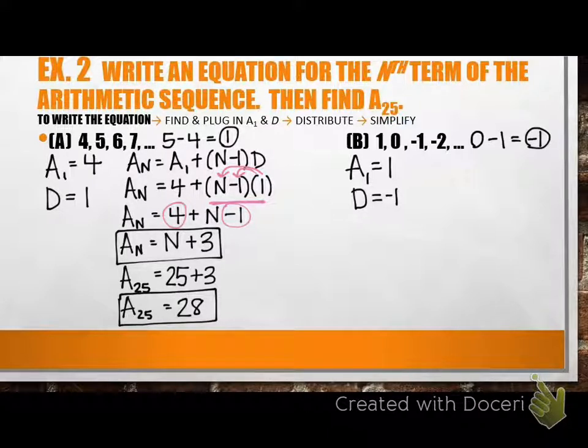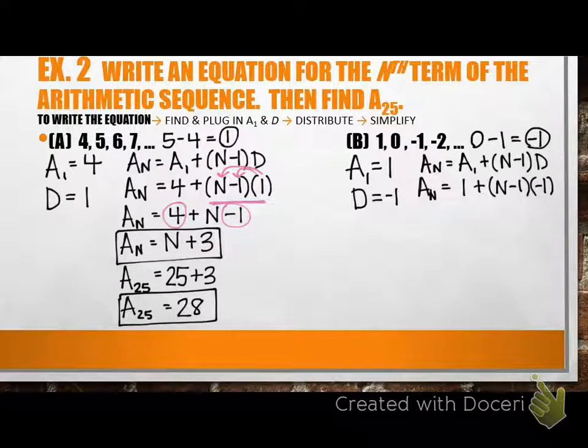Now, everyone together, let's say the formula. A sub n equals A sub 1 plus n minus 1 times D. So A sub n equals, what'd you plug in place of A sub 1? 1 plus n minus 1. And what did you plug in place of D? -1. Now, this is a key reason why we plug our D in parentheses.